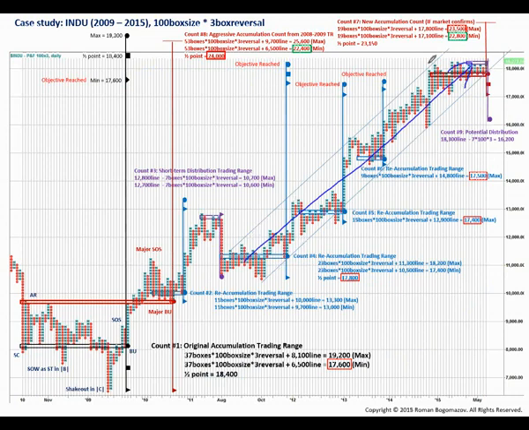And you see here I put the trend channel just to identify where the price spends most of the time going up. So from that perspective, we're still in the uptrend.